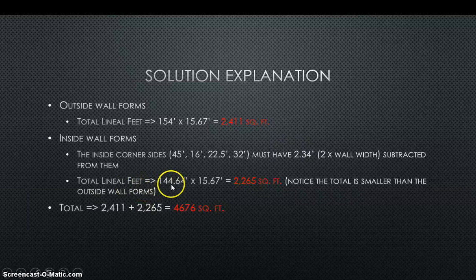That gives us our total lineal feet of 144.64 times 15.67, which is our height. This gives us our total square feet. And as you can see, the total square feet is smaller than the outside wall forms, which would make sense. And then we add those two together to give us our total square feet.